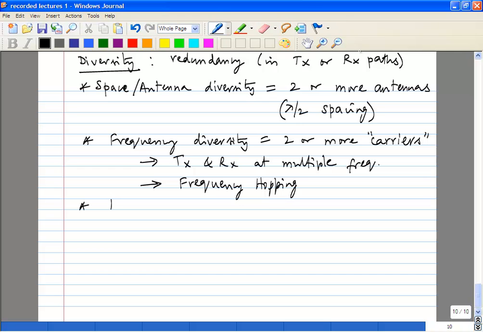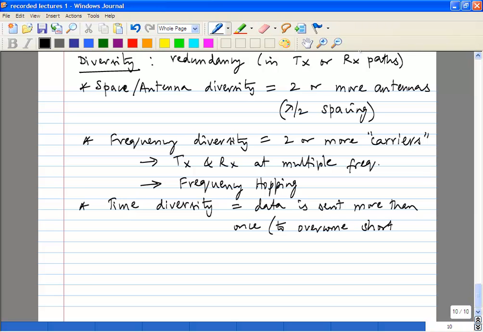And the last kind of diversity we'll look at is time diversity. What is meant by time diversity? You send the data more than once, mainly to overcome short-term fading effects.